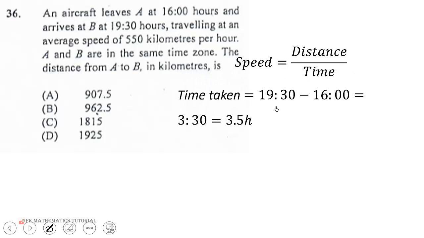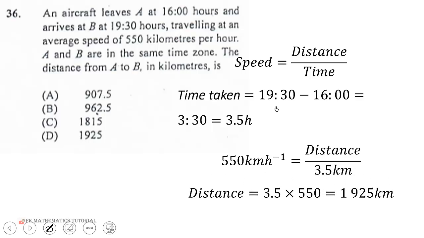So we know speed is distance over time taken, and the time taken is equal to 3.5 hours. Then we have 550 kilometers per hour is equal to distance over 3.5, and that will give us 1925 kilometers, which is option D.